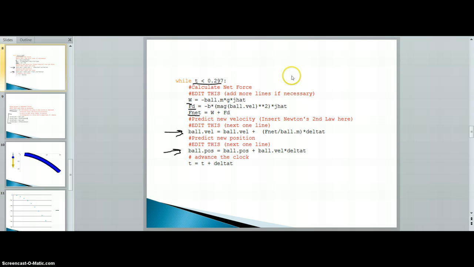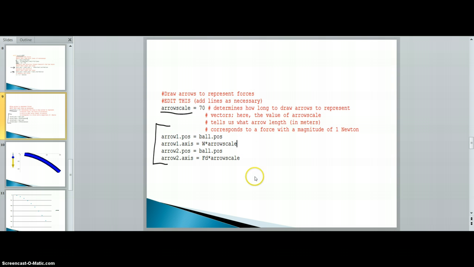And the drag force, of course, is negative B times mag ball velocity squared times the unit vector. And the total force acting on our system is the weight and drag force. Then we plug in Newton's second law, the equations, with velocity final equals velocity initial plus F net over m times delta t, and xf equals xi plus v average times delta t, where x is position.